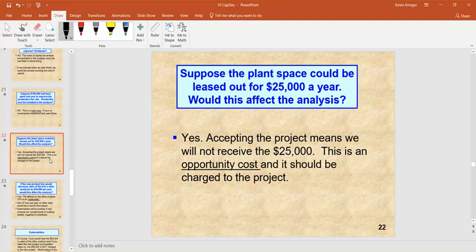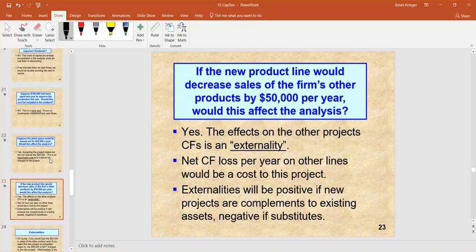They are incremental costs and they should be included in your cash flow projections, right? So in this case, you would maybe subtract 25 per year, or if you did the after tax, you might be say 15 per year that you would subtract. But right, opportunity costs are factored into your actual cash flow number crunching, as are externalities, either good or bad.